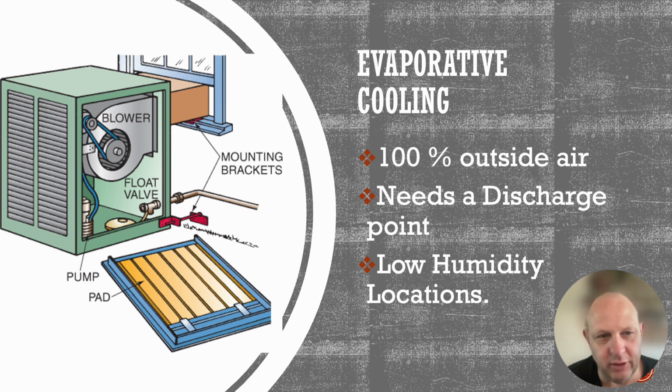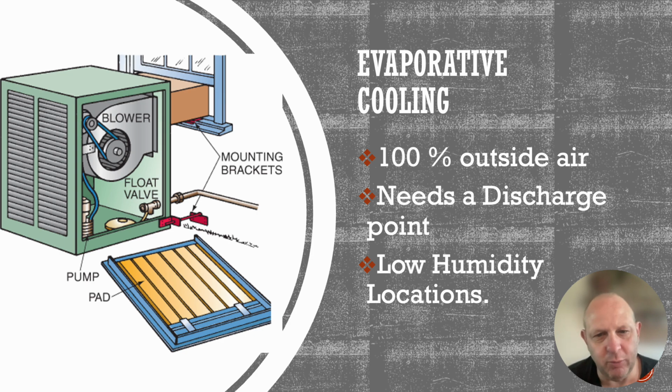Now, the air entering the facility is very moist, but the air temperature is well below that of the dry bulb temperature. We're going to be using this in a lot of different environments that are very dry, such as in deserts. You might see these in Arizona, for example. One of the characteristics of an evaporative cooler is that it is 100% outdoor air coming into the facility.